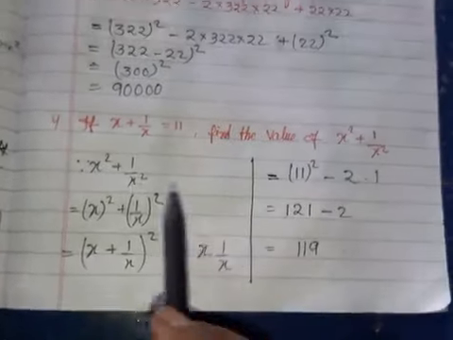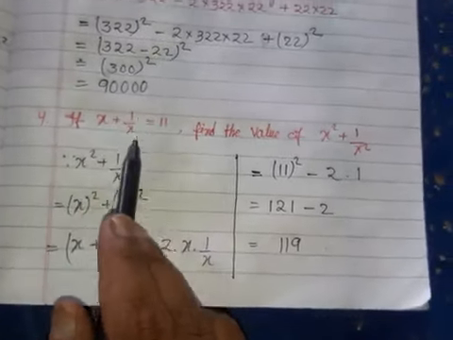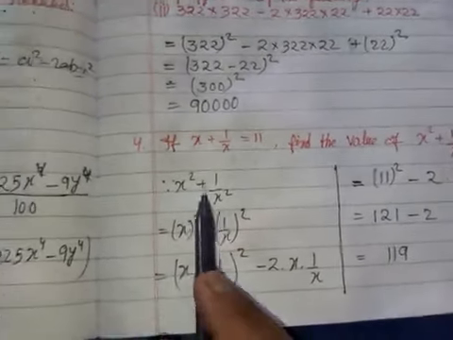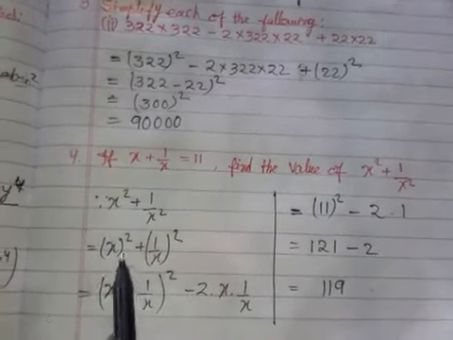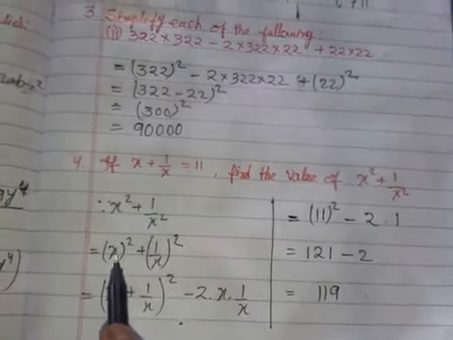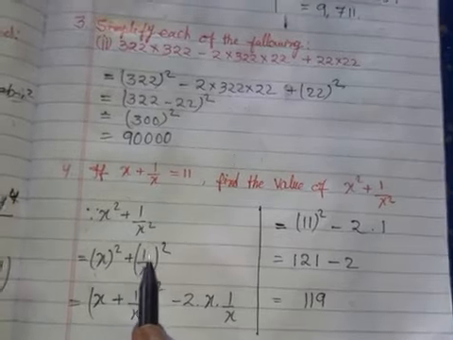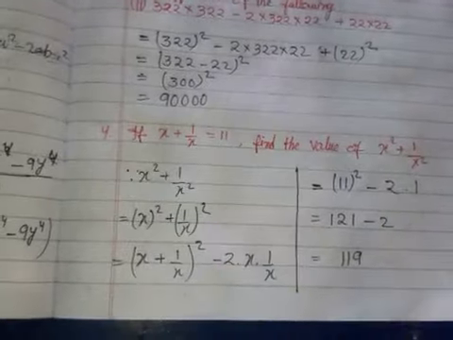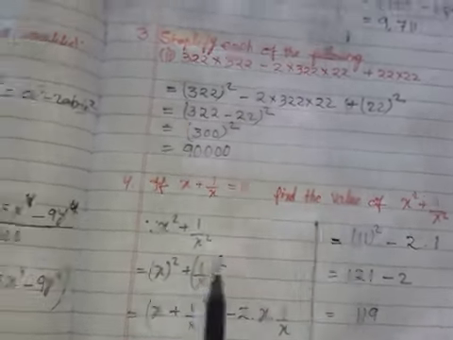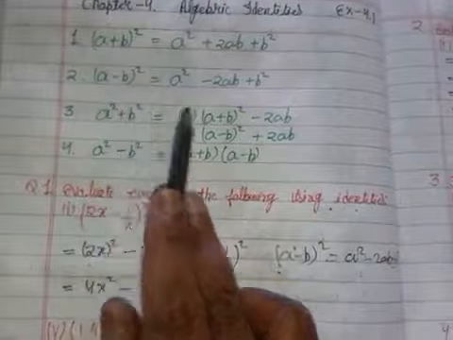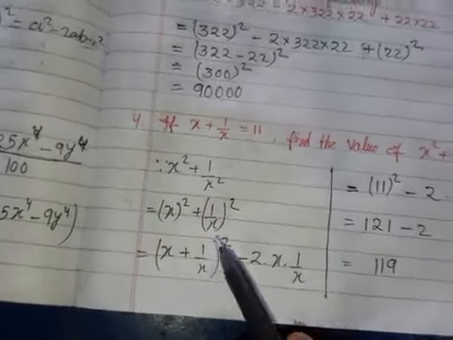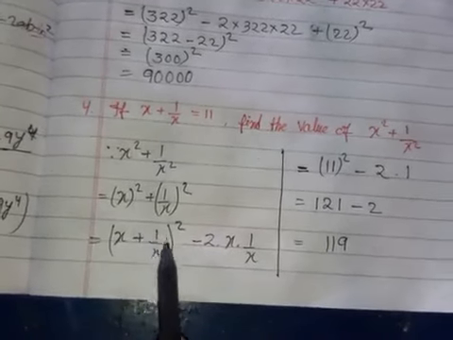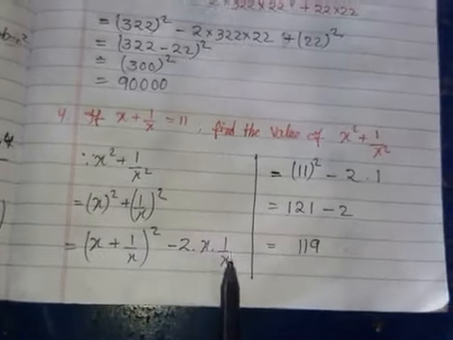Now this is your fourth question. If x + 1/x = 11, find the value of x² + 1/x². We can write x² + 1/x² as (x + 1/x)² − 2 times x into 1/x. So this is the formula a² + b², with x in the place of a and 1/x in the place of b, so we write (a + b)² − 2ab.